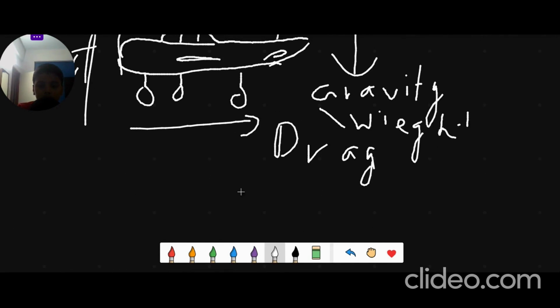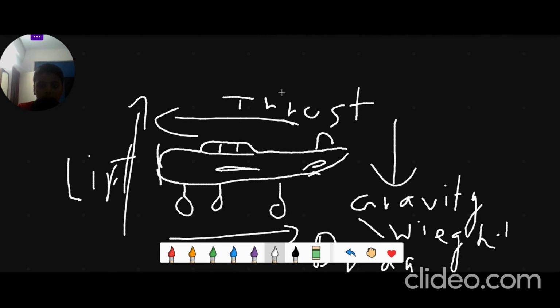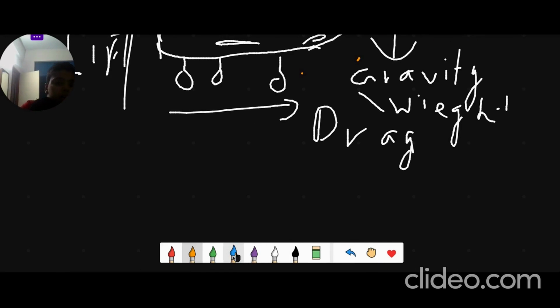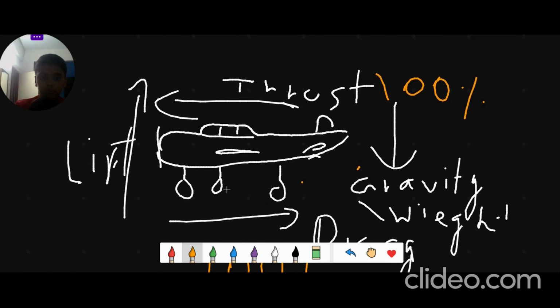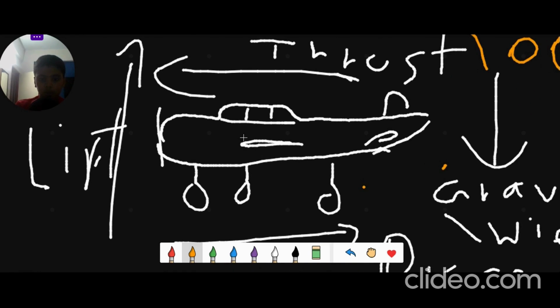So if you have 100% thrust, just say it's 100%, then if you don't have resistance, now according to the laws of physics, your drag will also be the same. So what actually makes the plane go forward is the aerofoil.